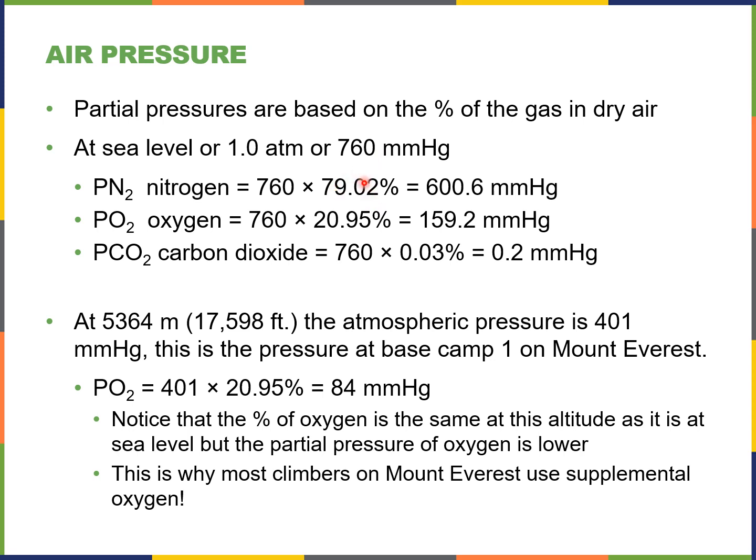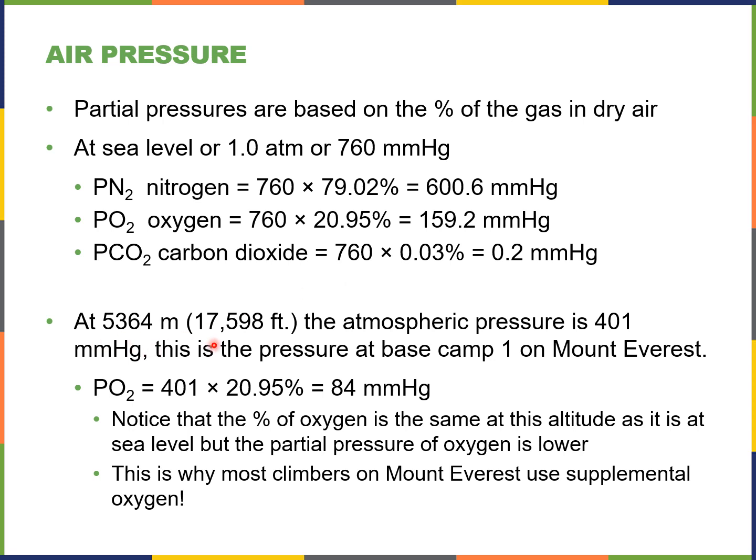Air that we breathe is about 79% nitrogen, about 21% oxygen, and, as you can see here, this is usually 78 to 79 and 20 to 21. The rest of it is made up of other trace gases, including carbon dioxide.